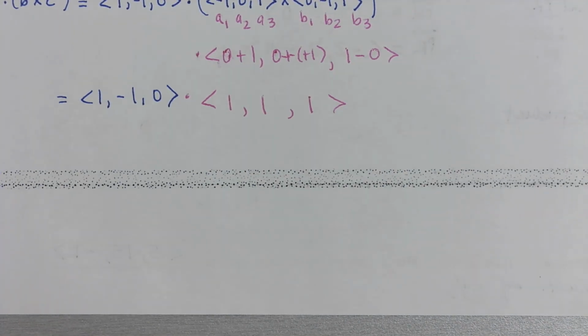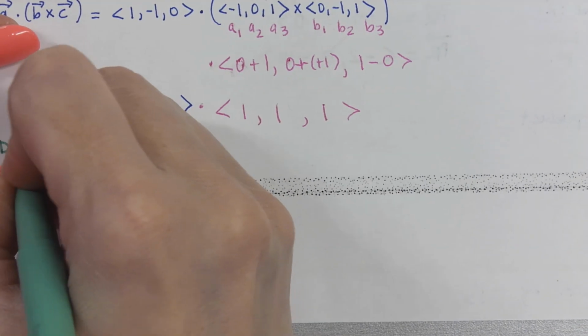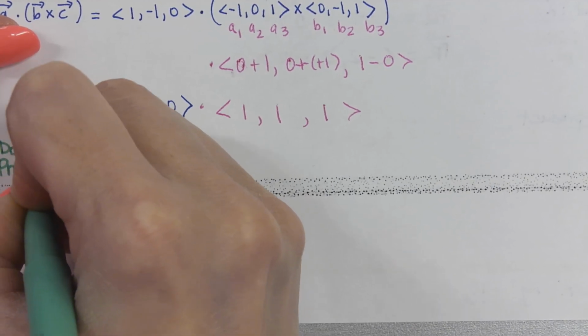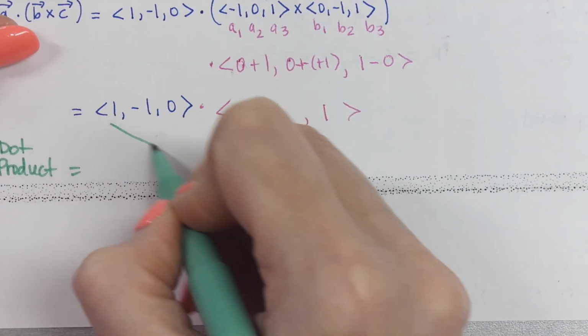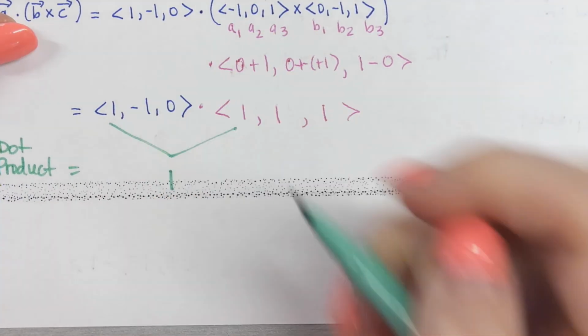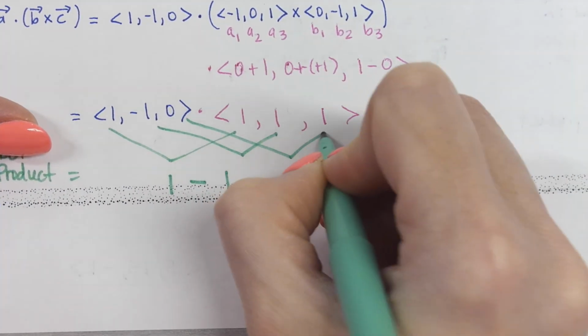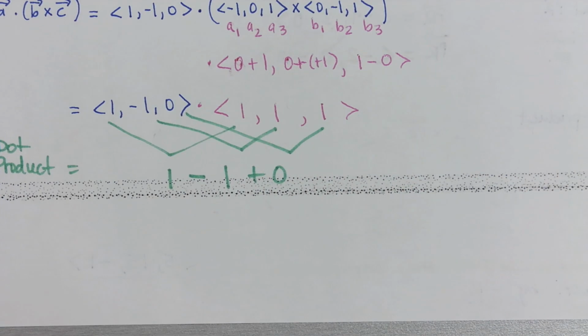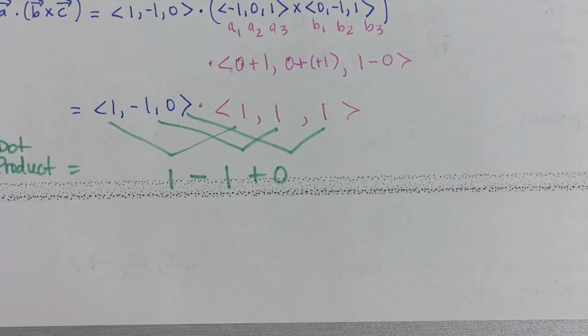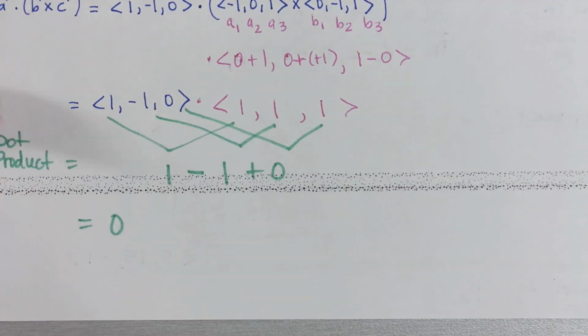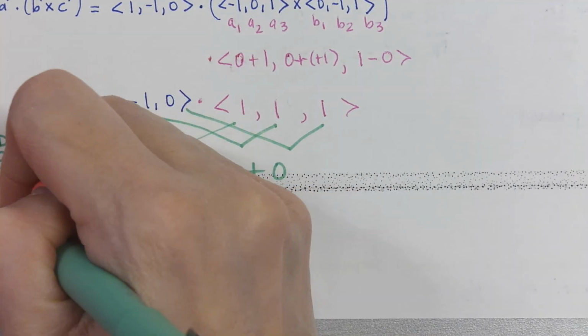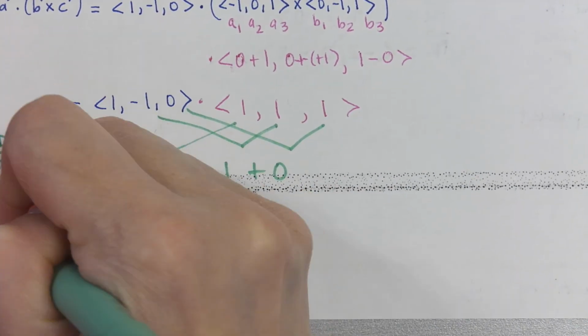I said one way that you can write that out is 1 times 1, negative 1 times 1, 0 times 1. So 1 minus 1 plus 0 is 0. That is your scalar triple product.